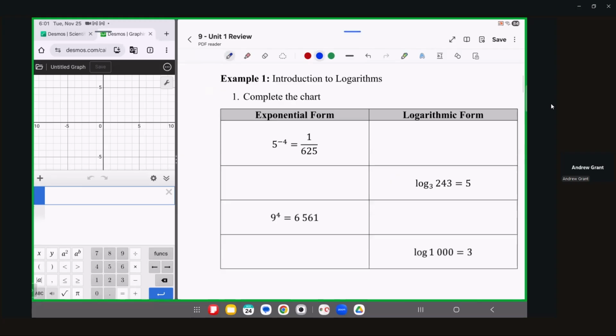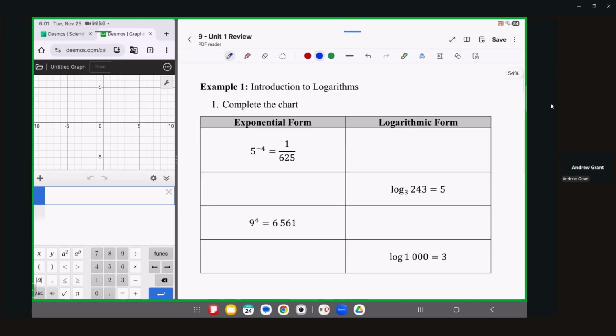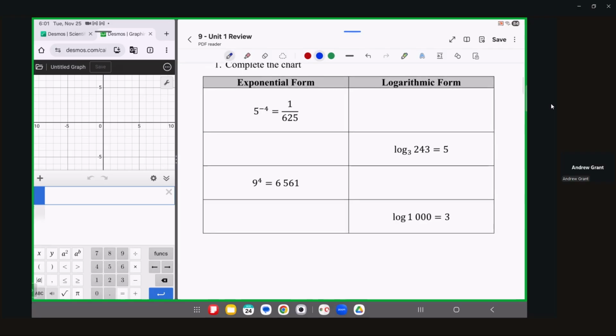Okay, so example 1, we started off with the introduction to logarithms. We wish to complete the chart, and we want to convert these from the exponential to logarithmic form.